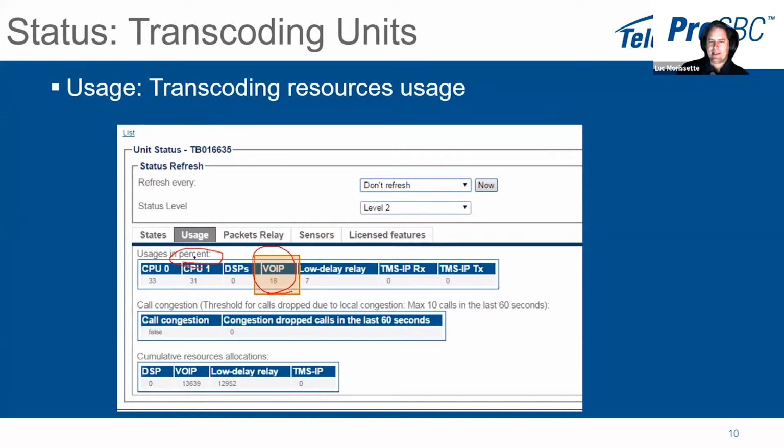So you can see here how you are running in percentage of the total voice over IP traffic in the system. Let's say you have a transcoding device with 2,700 transcoding resources, and you are using maybe half of it. Well, you should be close to 50% here on the voice over IP device usage.